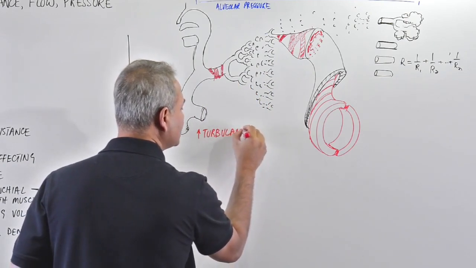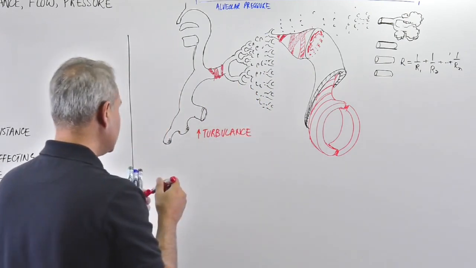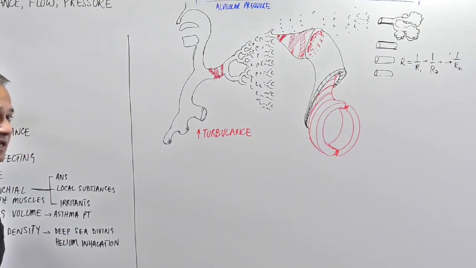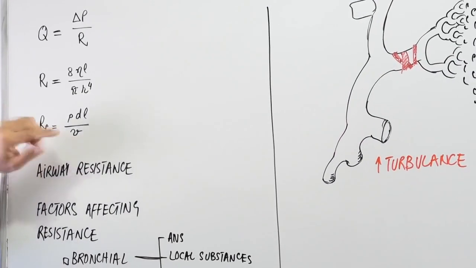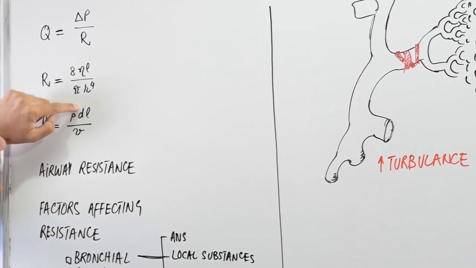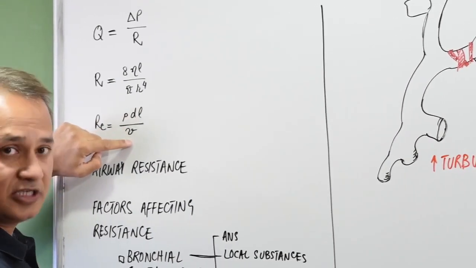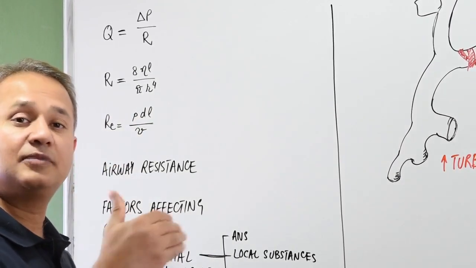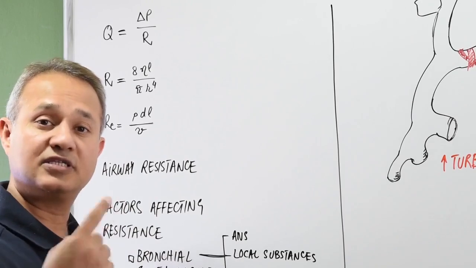And why is there increased turbulence? Look at the Reynolds number. What does it say? The Reynolds number says that based on the density, diameter, length and viscosity, you can create a number, and if the number becomes higher, then the chances of turbulence are higher.